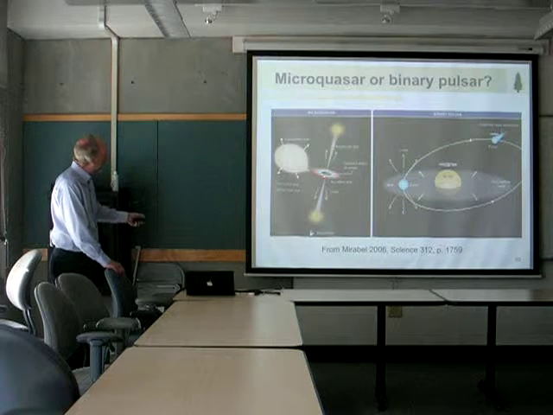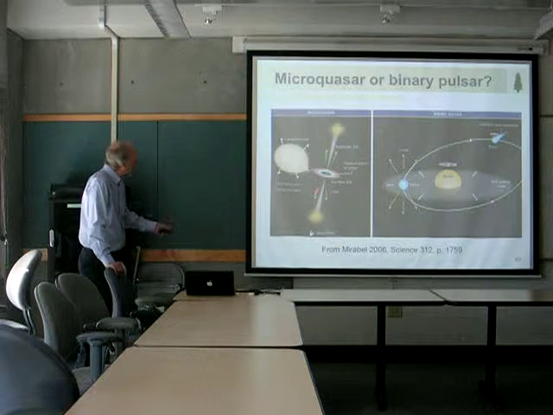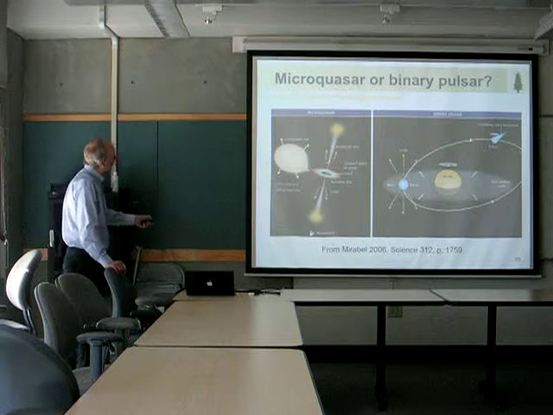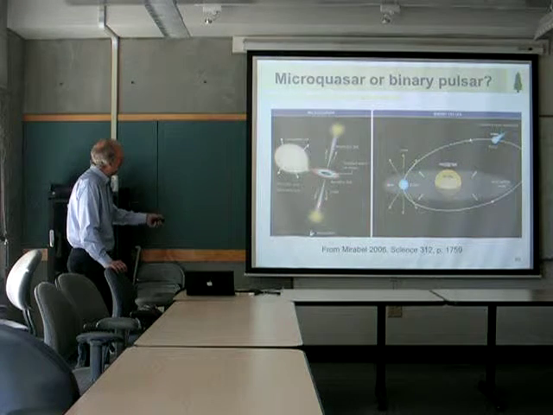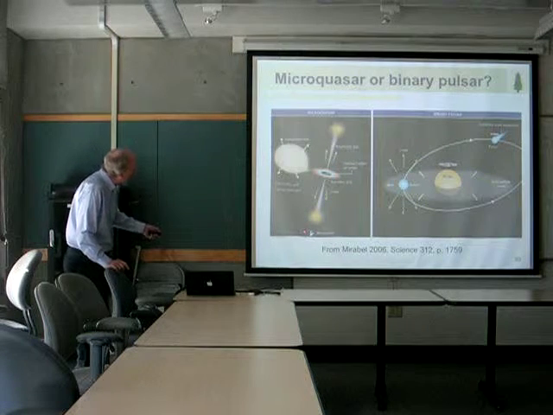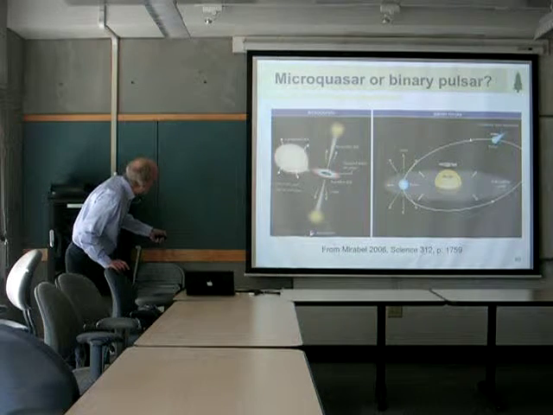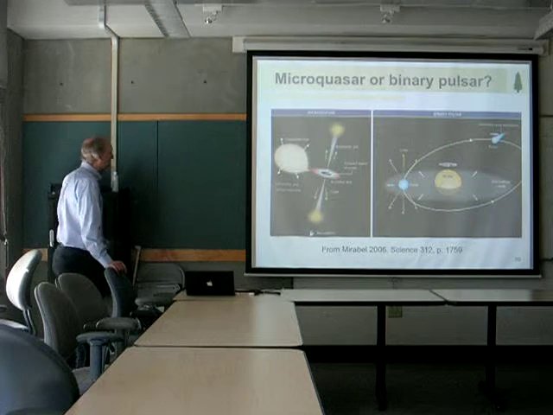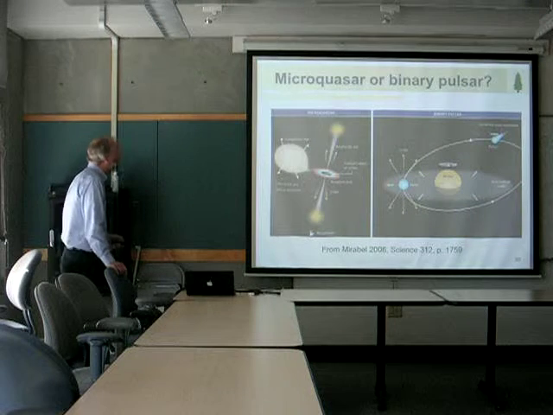In systems like this, there are very often jets of particles along the rotation axis, and so these relativistic jets may be the source of the gamma rays. And in fact, you see the eyeball here, you're looking along the line of sight, and might be looking sort of along these jets.